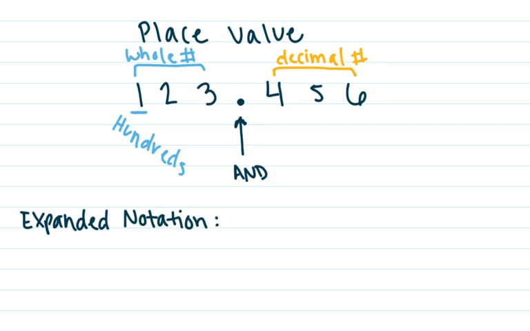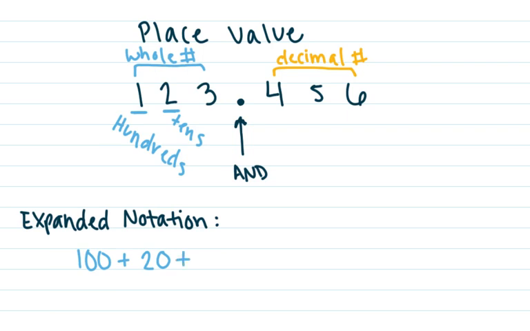That first number there would be a 100. Plus, we have another number on the whole number side. That 2 is in the tens spot. Tens. So that 2 represents 10 and another 10. So 20. 2 tens. 20.